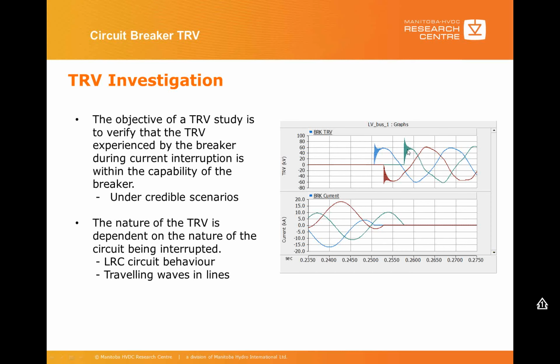We see high frequency TRV oscillations upon opening the breaker. You see the breaker current, which is interrupted at 3 different times. At the same time, you see the breaker TRV, basically the voltage across the breaker.